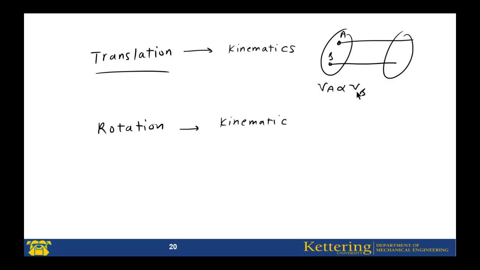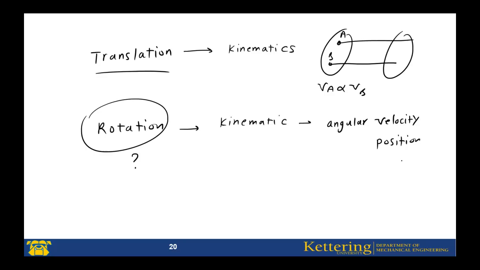Also, for a rotation, I will explain what the type of the rotation is, what an angular velocity, angular position, and angular acceleration are, and how we can relate them together. I'll relate this with this, or this with this, or vice versa. This is the remainder of today's class.